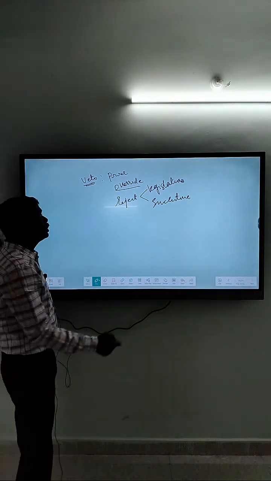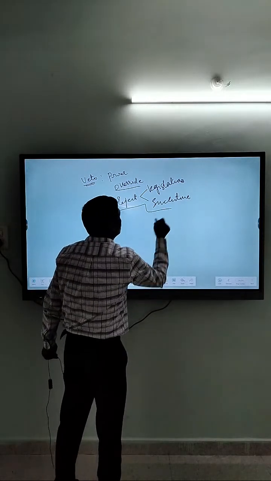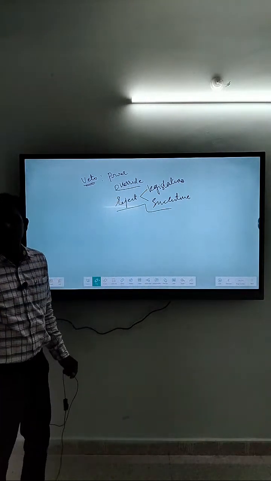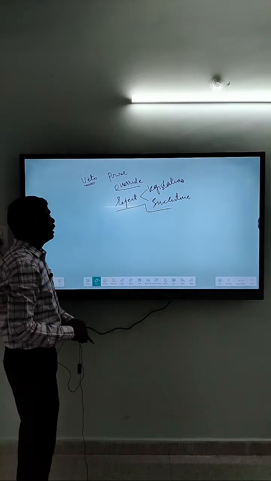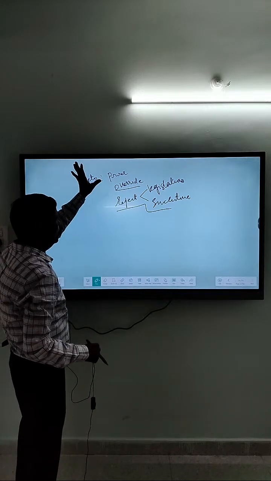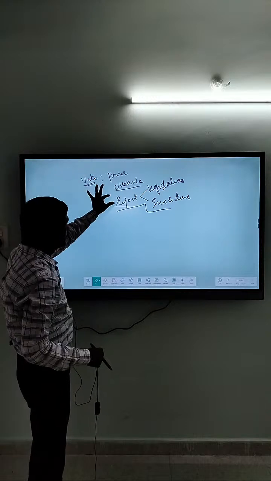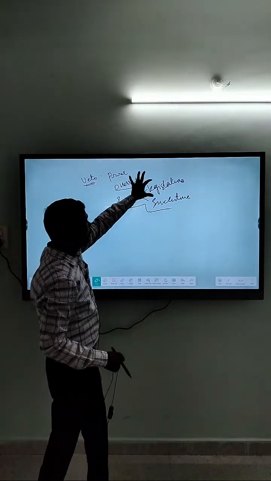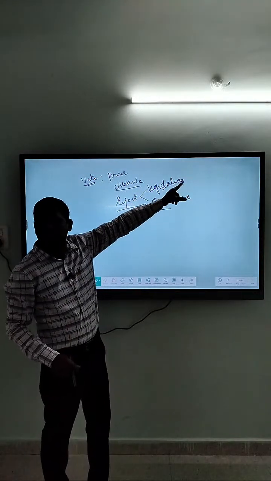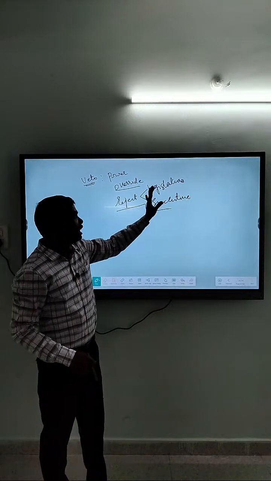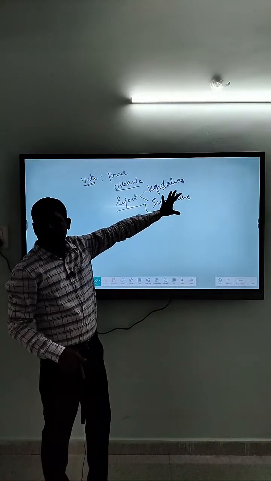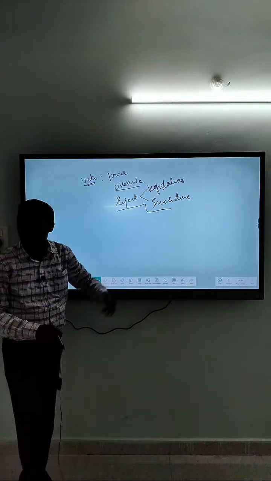Right? So this is one power given. The 1861 Act has given this power to the Viceroy. He can reject a law made by the Legislature, and at the same time, he can reject the decisions taken by members of the Executive Council.